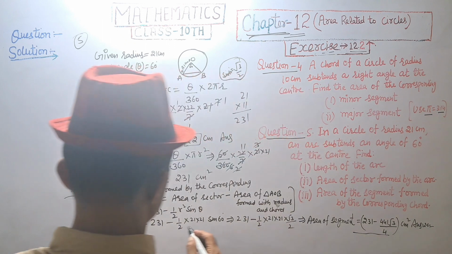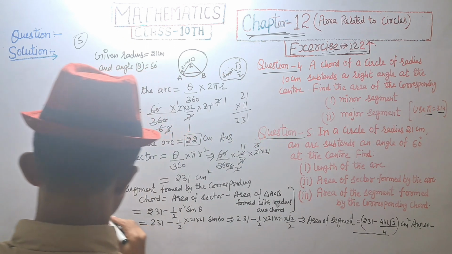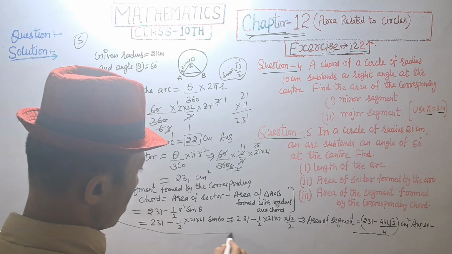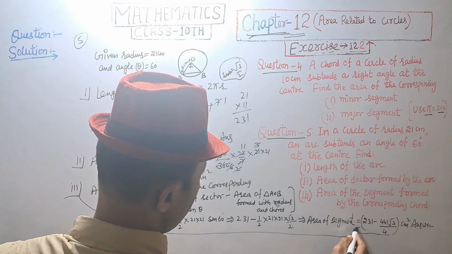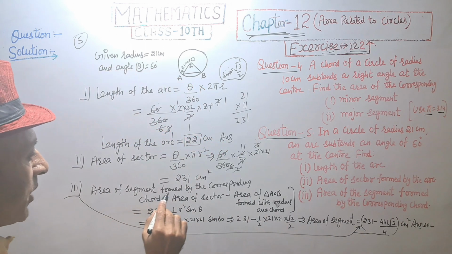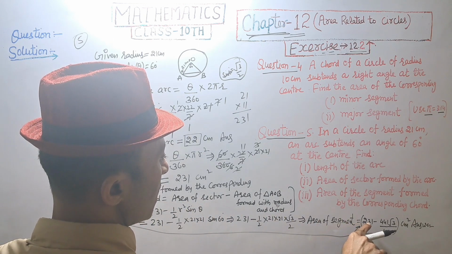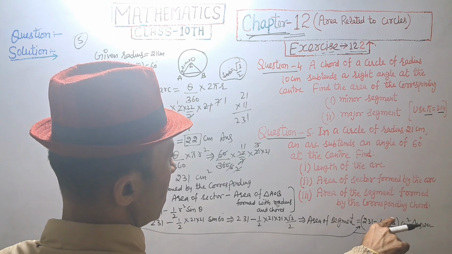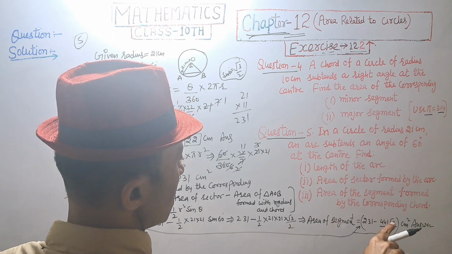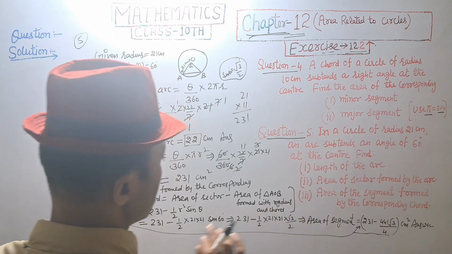Answer. Area of segment formed by the corresponding chord is equal to 231 minus 441 root 3 upon 4 centimeter square. Answer.